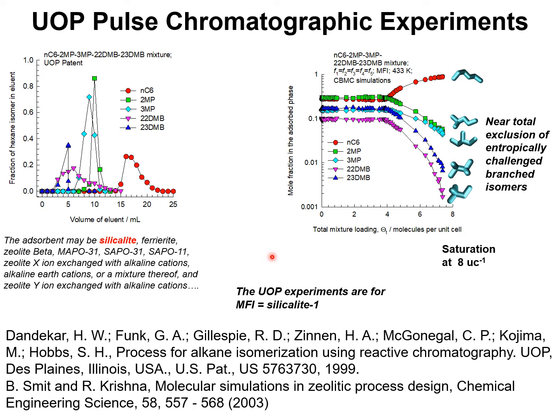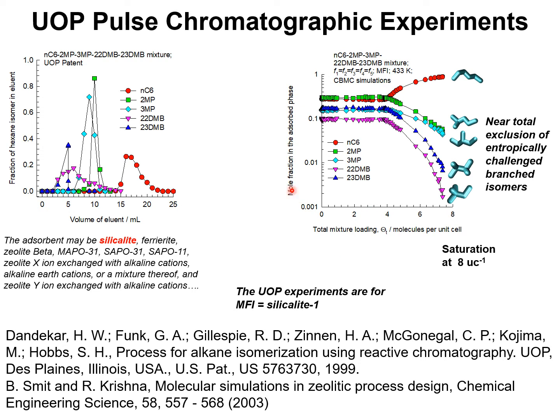On the basis of screening a wide variety of adsorbents, we concluded that these pulse chromatographic experiments can only be produced by using MFI zeolite. I show here molecular simulations of adsorption of 5-component mixtures in MFI.